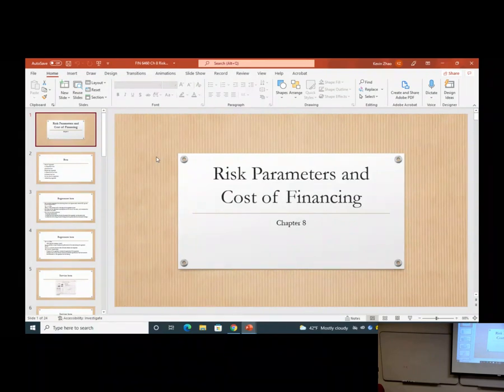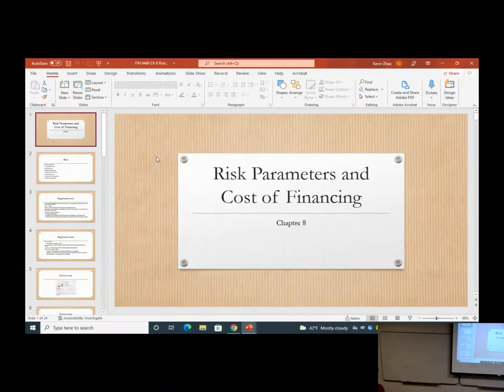So after this chapter, we should be able to get all the tools that we need to estimate those discount rates in your financial valuation models. That rate could be cost of equity, if you do a dividend discounting model.